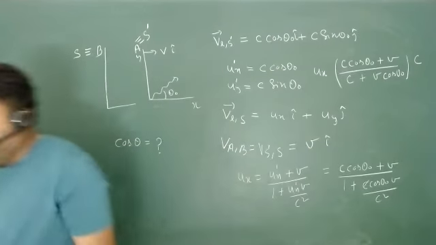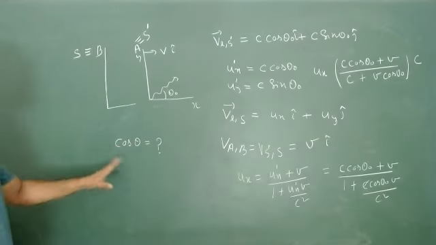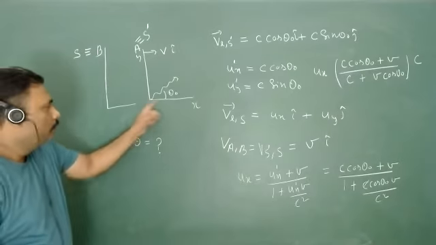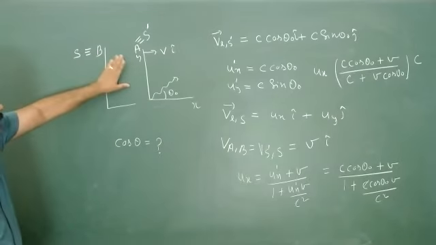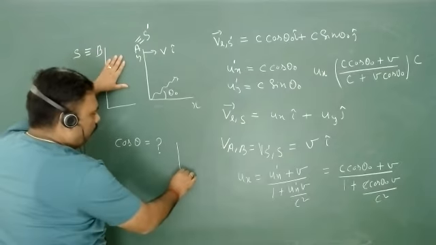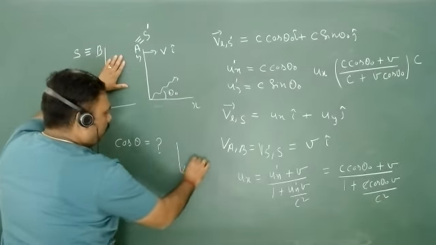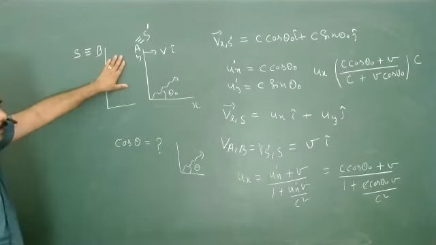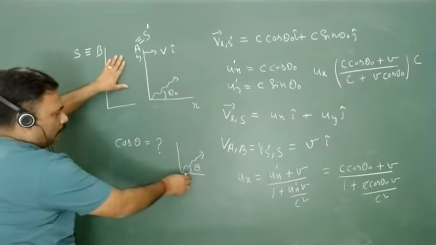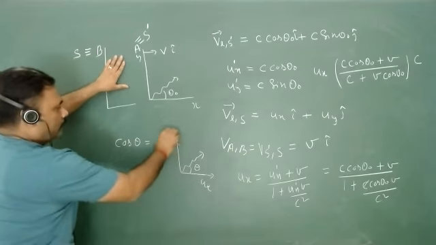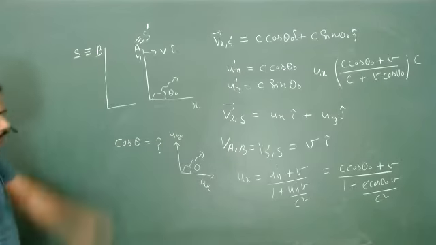Now, let's try to calculate the value of cos theta. Suppose, with respect to B, how will this light pulse appear? With respect to B, this light pulse will appear something like this. This angle is theta, and this component is something like Ux, and this is something like Uy, isn't it?